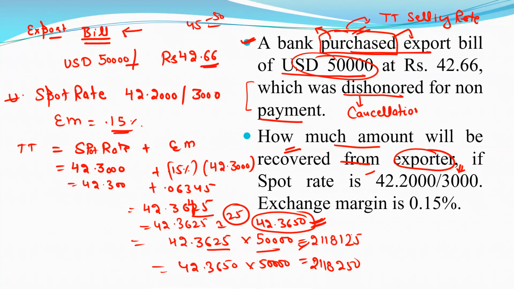There is very little difference, only 0.25 into 50,000, that is 125. But both answers are correct here. You have to remember only one thing: the TT selling rate will be applicable to recover the amount in the case of a bill dishonored for non-payment.